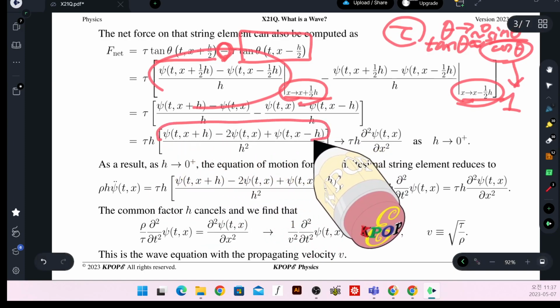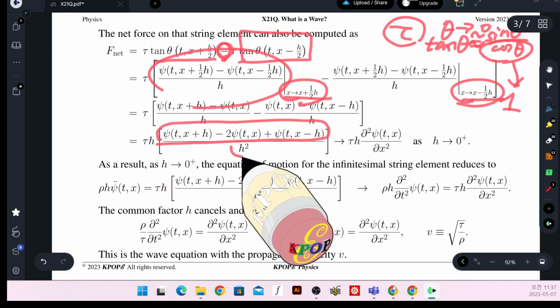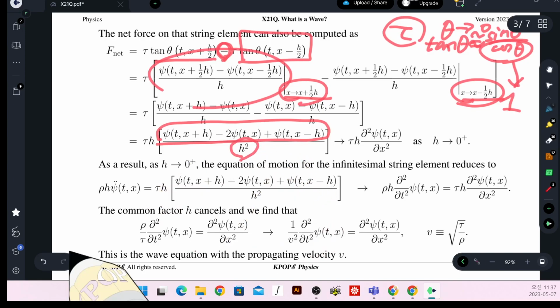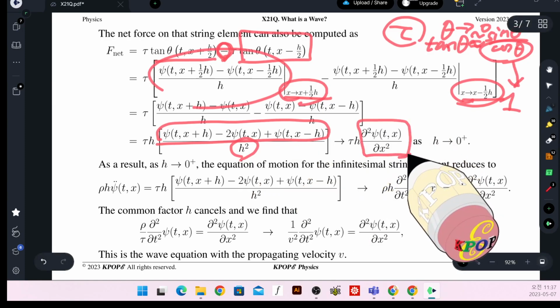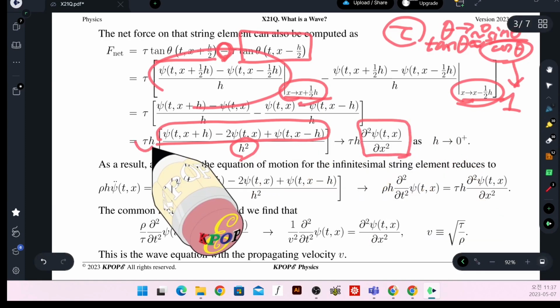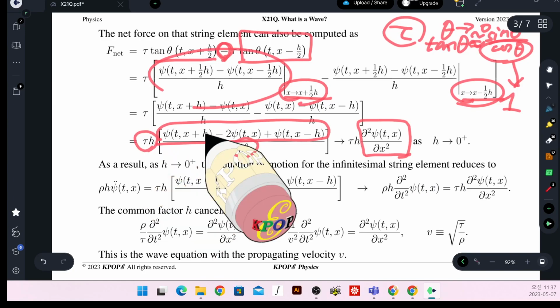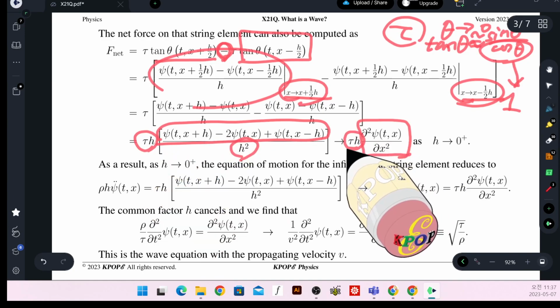As a result, the numerator over the denominator approaches the second-order x derivative. And then we have, over it, a factor tangent multiplied by that infinitesimal width.